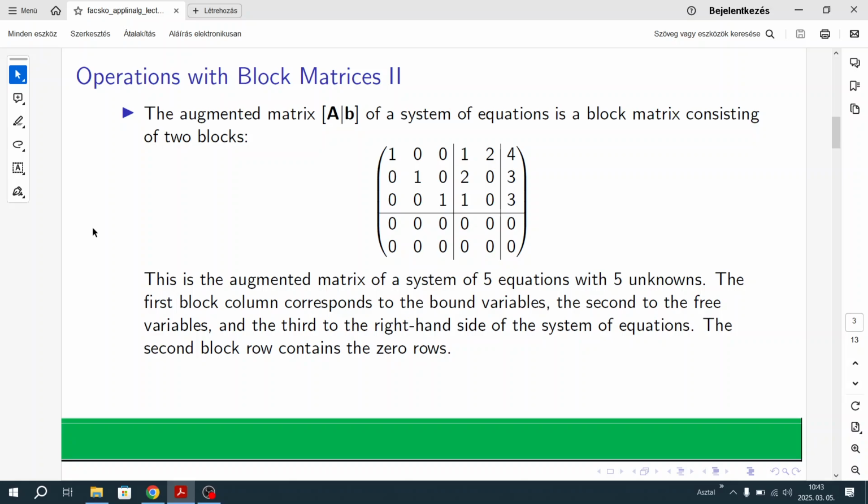You can do the following. You have a system of linear equations, and the system of linear equations has coefficients. This is the A matrix. The B is the result, and of course the vector x, y, z, z1, z2, z3, doesn't matter.